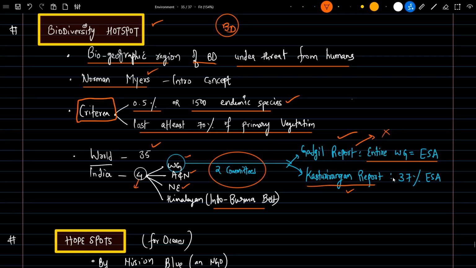Whereas the Kasturirangan report says that 37% of the Western Ghats area should be declared eco-sensitive area, with some limited industrial and economic activities permitted.